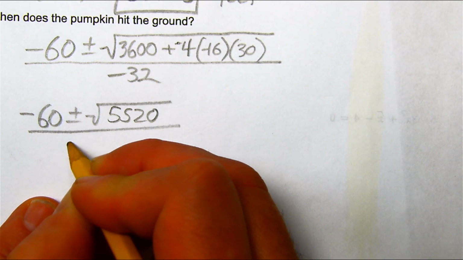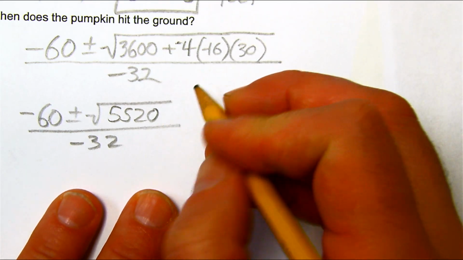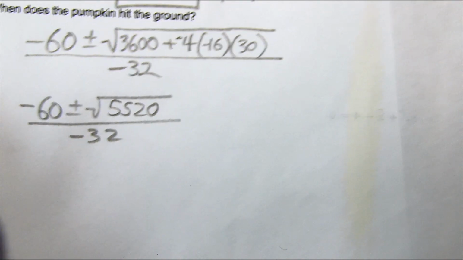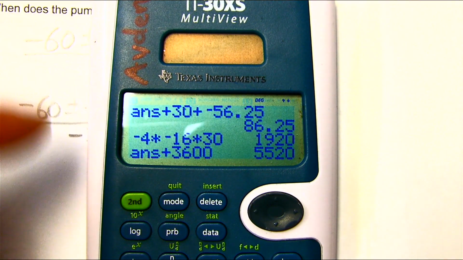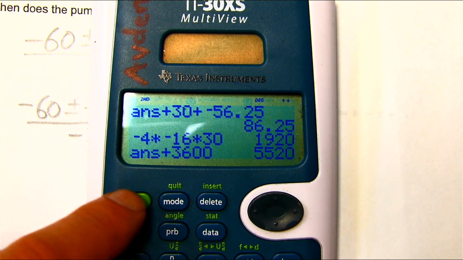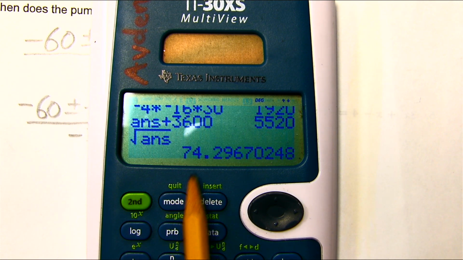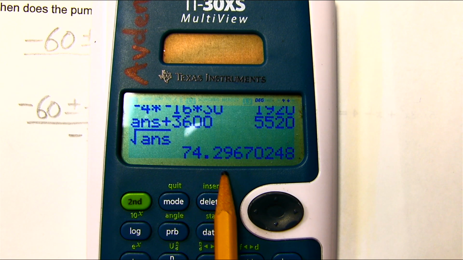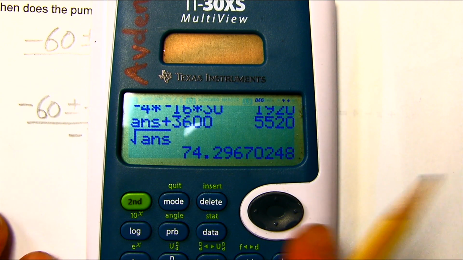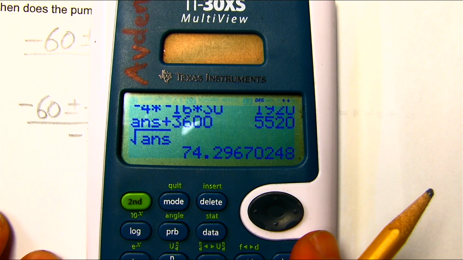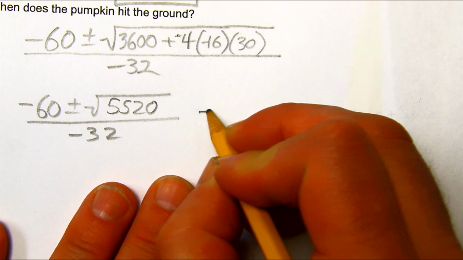You could, but it'll make a mess. You'll end up with a crazy root. Anyway, so we're just going to ask the calculator to take that. 74.297. I'm going to round to the third spot. Maybe we'll round even more when we're done.